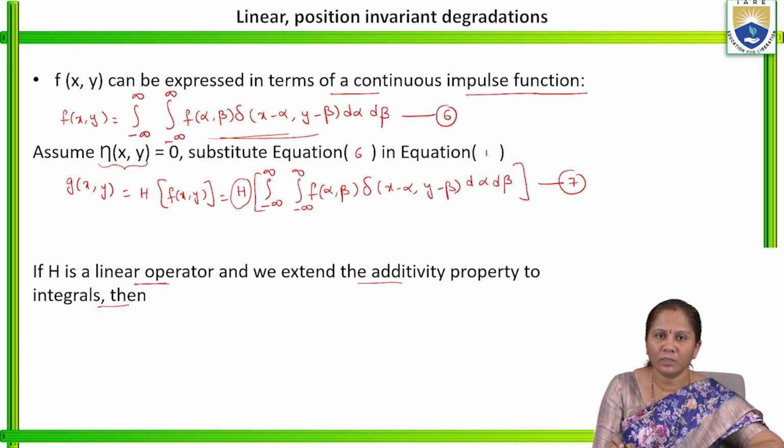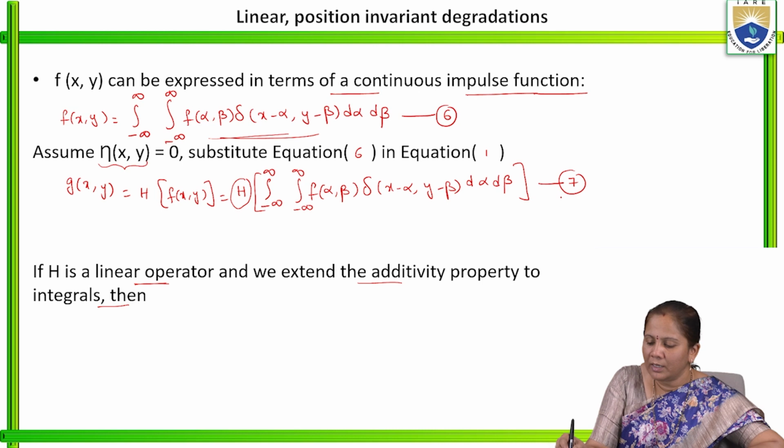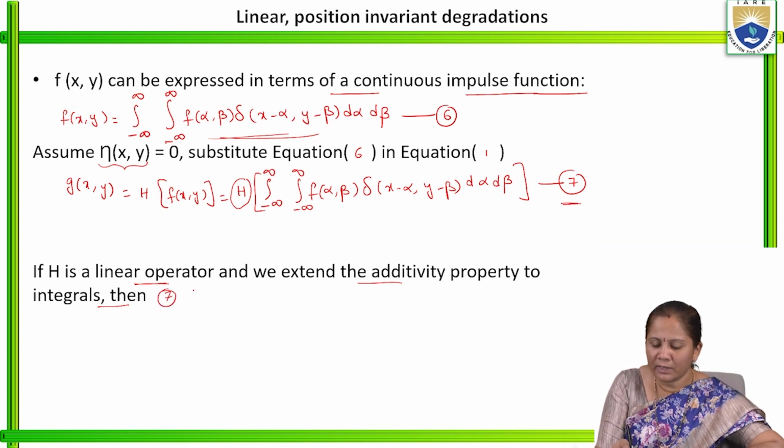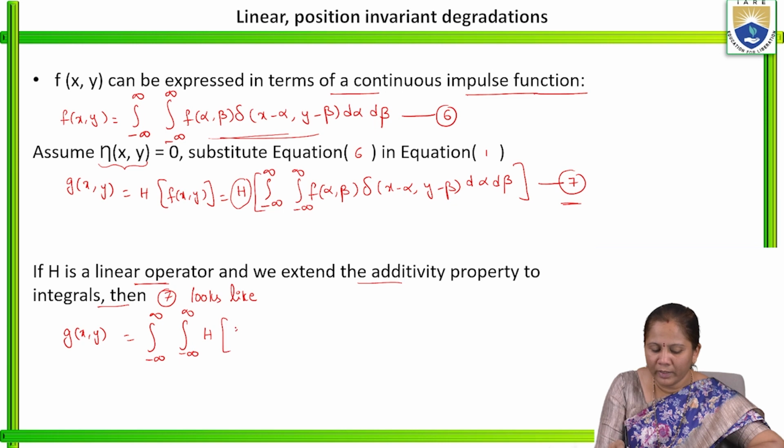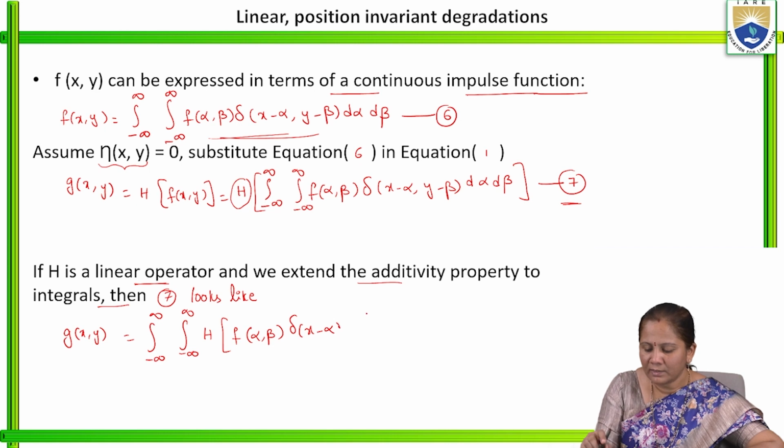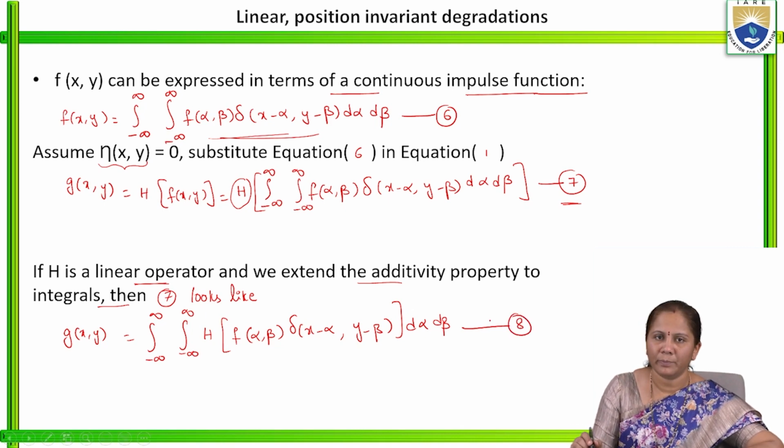Then equation 7 looks like g of x comma y is equal to integral minus infinity to infinity h of f of alpha comma beta del of x minus alpha comma y minus beta d alpha d beta. Consider this is equation number 8.